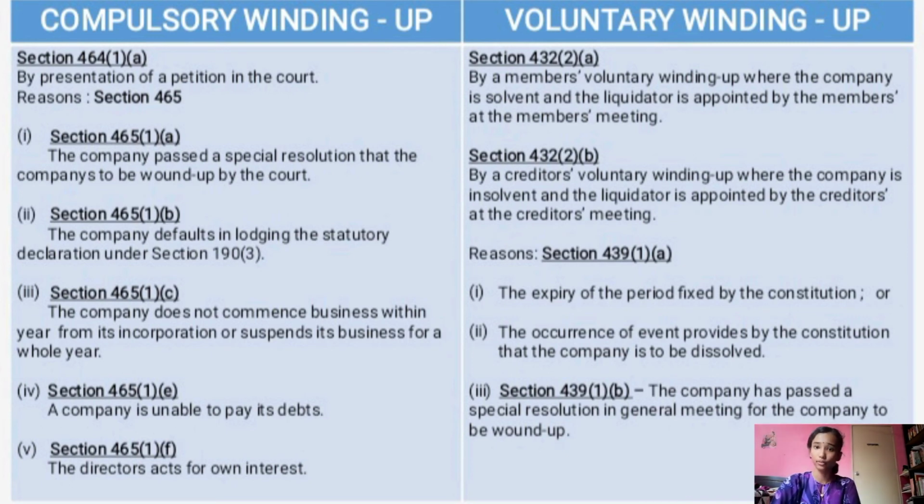The second reason, according to section 439 subsection 1b, is that the company has passed a special resolution in a general meeting for the company to be wound up. Like I said just now for compulsory winding up, the same situation happens here. The members and the directors have held a meeting about the company being wound up voluntarily.